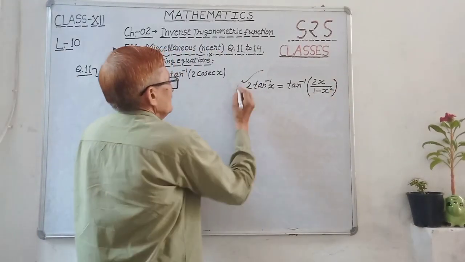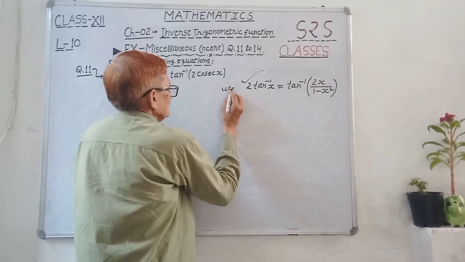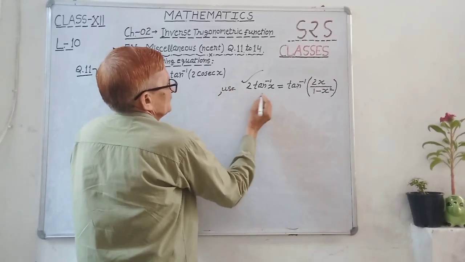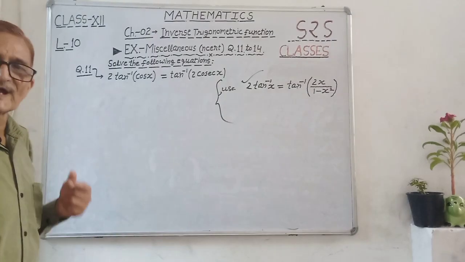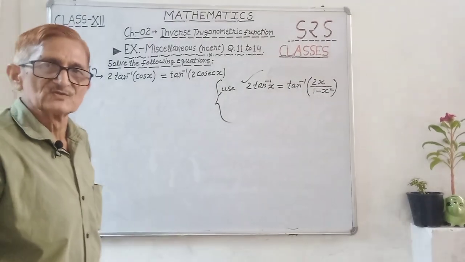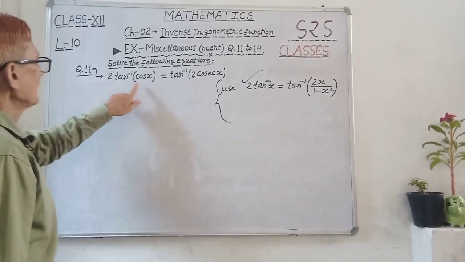This is the formula to use. Okay, we know this: 2 tan inverse x is equal to tan inverse 2x upon 1 minus x square. Use this.